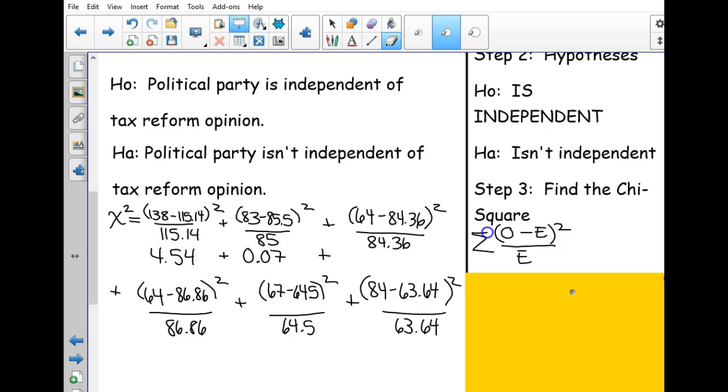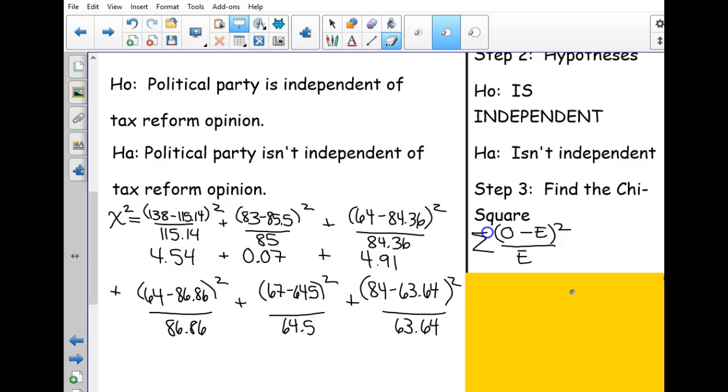Okay, so 64 minus 84.36 will be a negative. Then you square it. Not yet. Okay. And then you divide by 84.36. And I got 4.91. So you got it? Okay, great. 4.91.